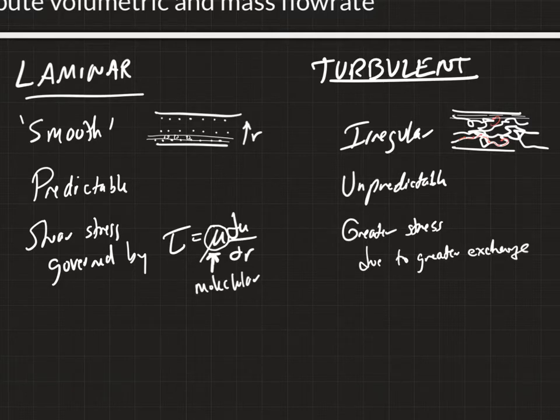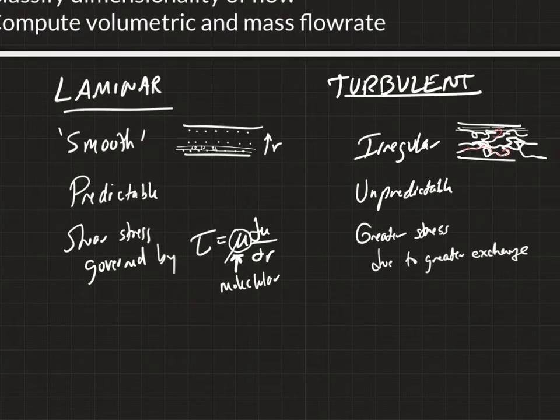It's actually the fluid itself moving in such a way to bring the momentum into another layer. So over here, we could say that the molecular exchange dominates, and essentially that's what creates viscosity.